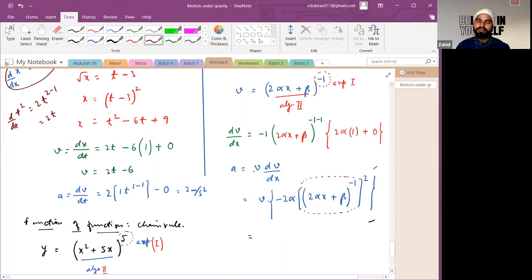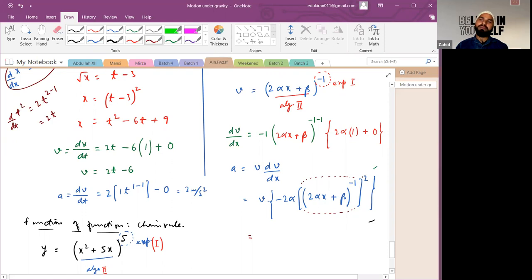I've just put the value of each term according to this formula. Acceleration is v times dv over dx, and we have calculated dv over dx as this much. So if you put in this expression, you will get minus 2 alpha times (2 alpha x plus beta) whole raised to minus 2. We can write it as minus 1 to the power 2.